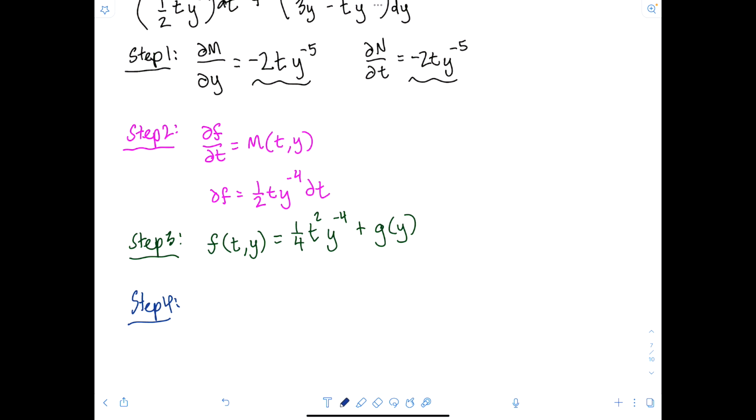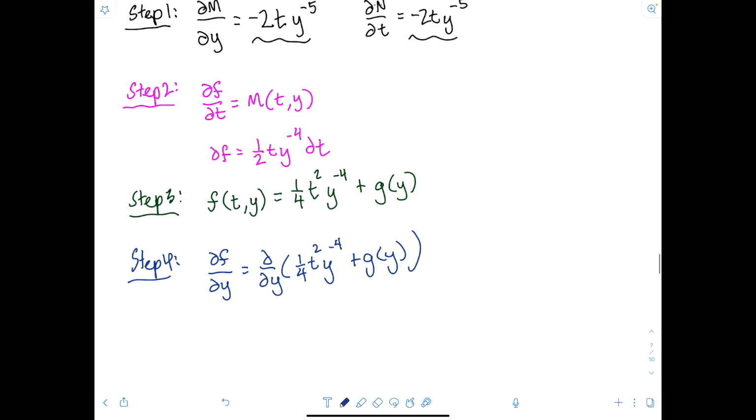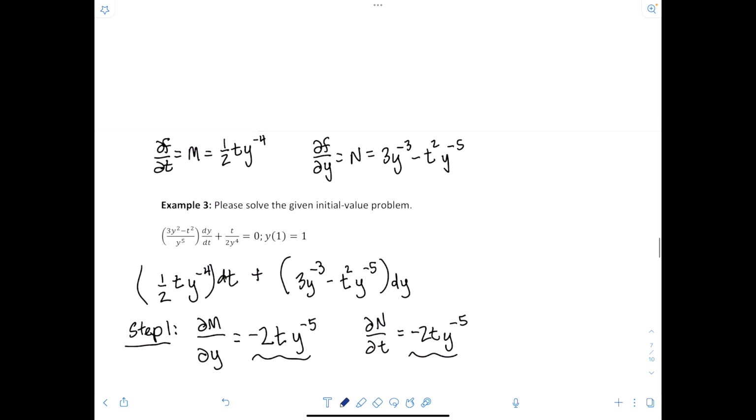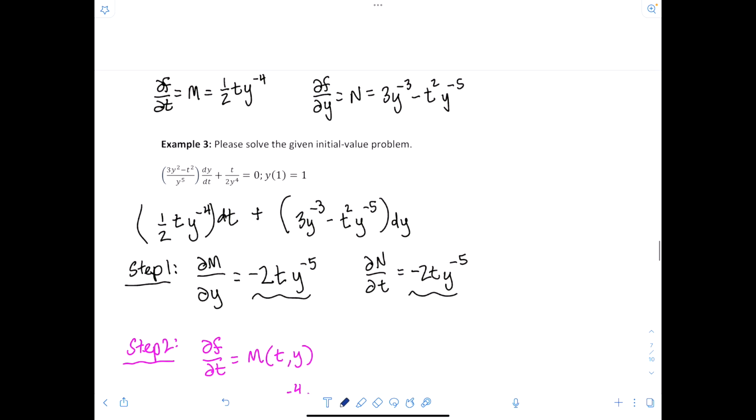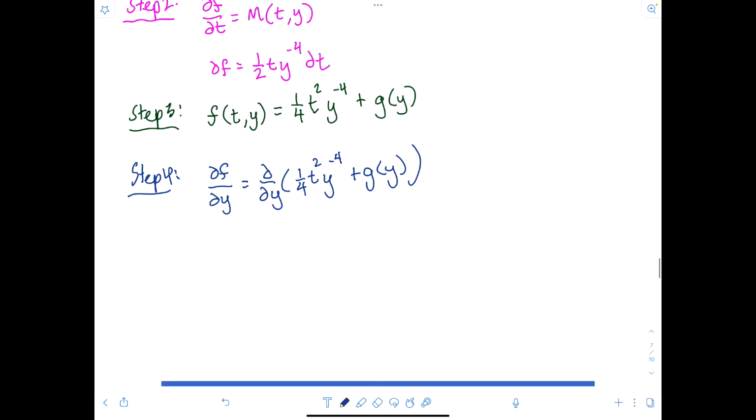And now we need to find the first partial of f with respect to y. And we will get, on the left side, don't forget that that's equivalent to n. So n was 3y to the negative 3 minus t squared y to the negative 5.